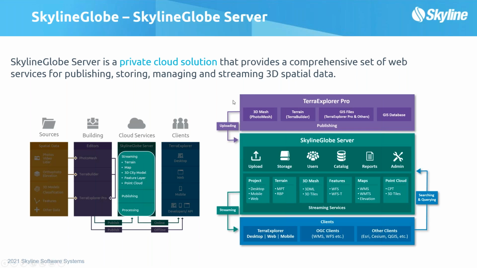And then when you're done with defining the scene and the view, you actually upload this into Skyline Globe Server. Skyline Globe Server is built from various services, one of which is the upload, and this is actually the channel from which you can publish your TerraXplore Pro project into the Skyline Globe Server.